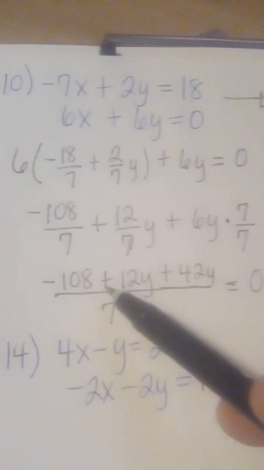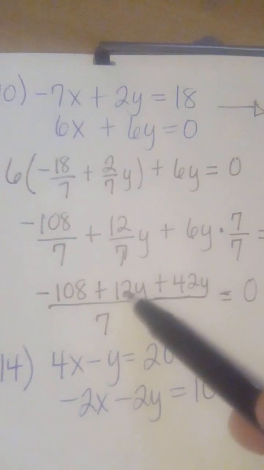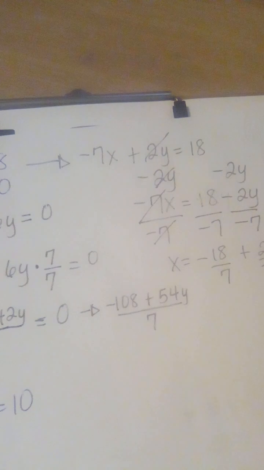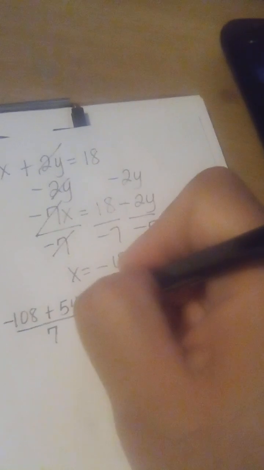So we have 12 and 42. Let's see. 12 plus 42 is 54. 54y. Make sure you don't forget your variable. Over 7 equals 0.